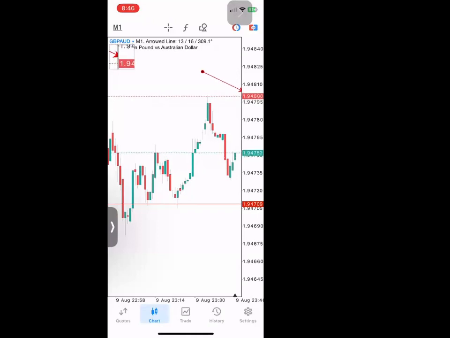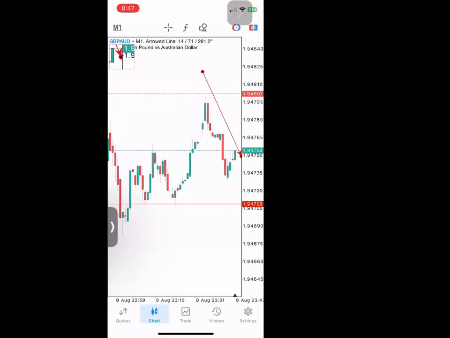See, there's a red line here, and then there's a green line here. Can you guys see it? The green line is having a price that is 194 in green, and then the red line is having the price in red.